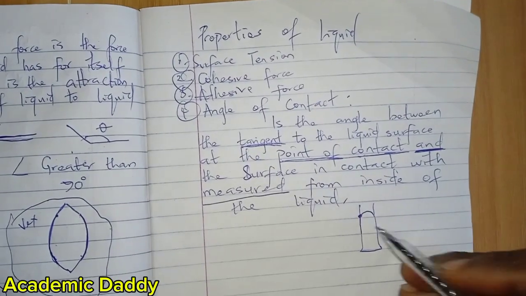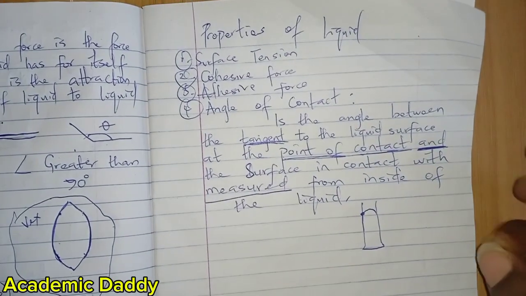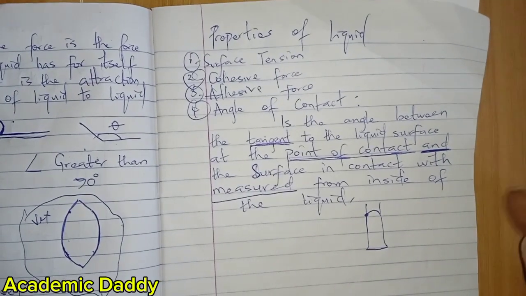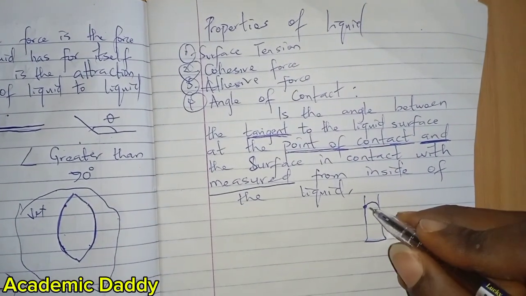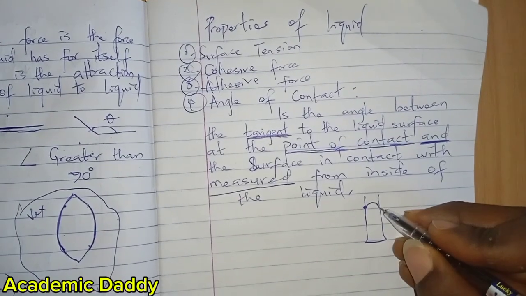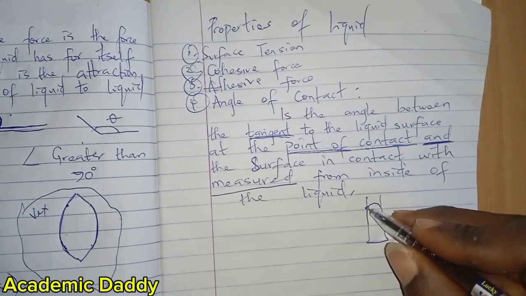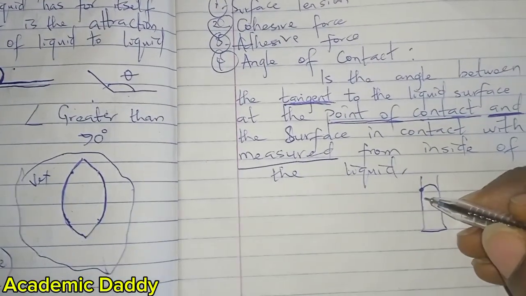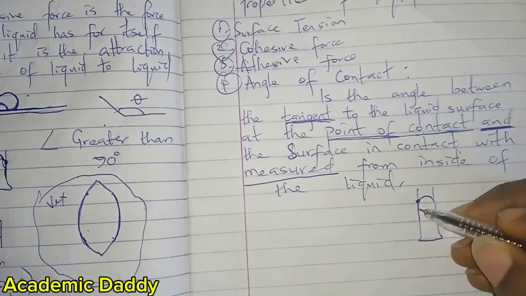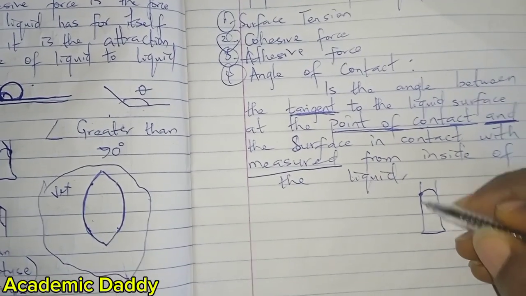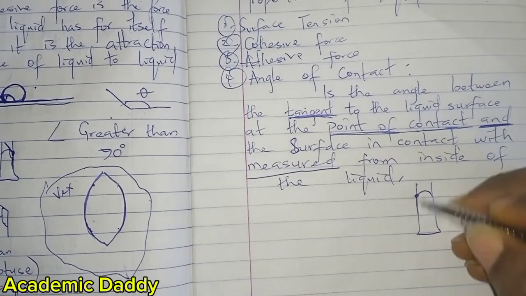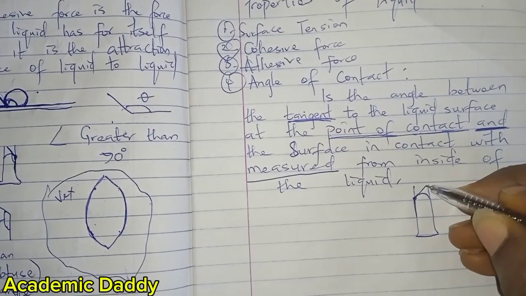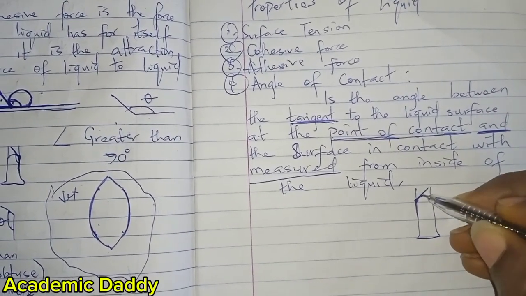Whenever you pour liquid inside a capillary tube or inside a cylinder, especially a capillary tube, it will always show you it's going upwards this way or pulling downwards. That is convex or concave. So if it is in this form, you can now clearly see that what I have here is the point of contact. This is the glass. And if I choose to draw a tangent now on this, tangent is simply where it's touching.